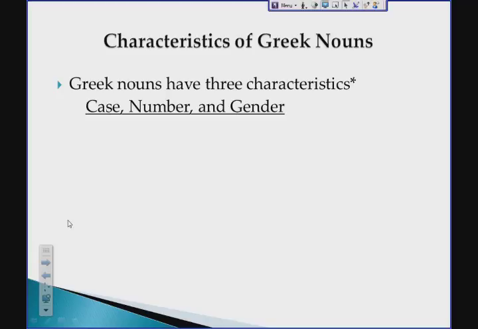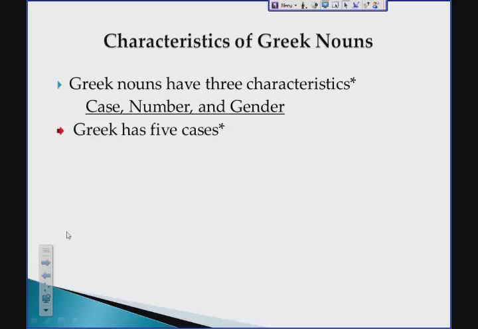I just want to be with him so that he doesn't miss these terminologies. And then, in terms of the case, we are coming to that, and it's very, very important also. So, Greek nouns have 3 characteristics. I will ask you that definitely in the test. Give me the 3 characteristics of Greek nouns. You must be able to know case, number, and gender, please.